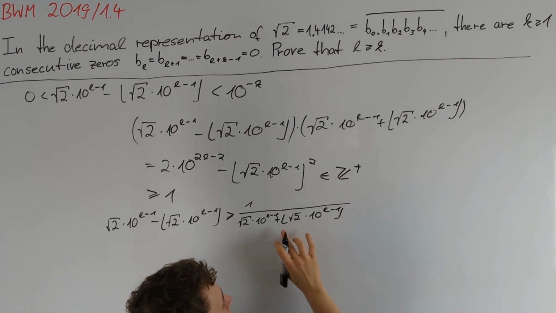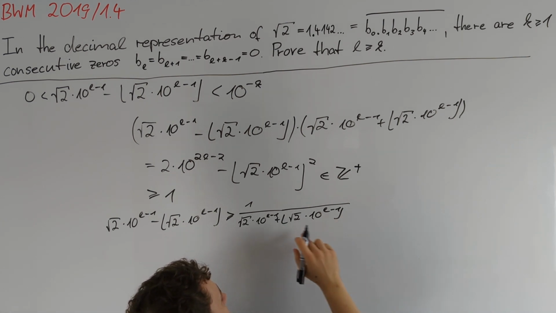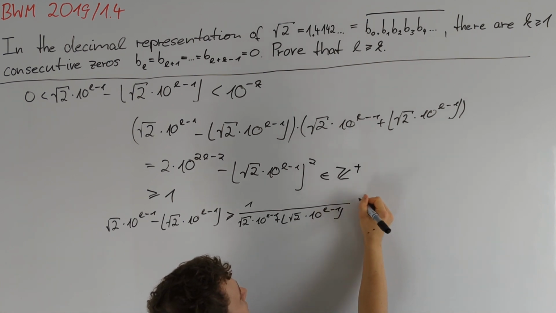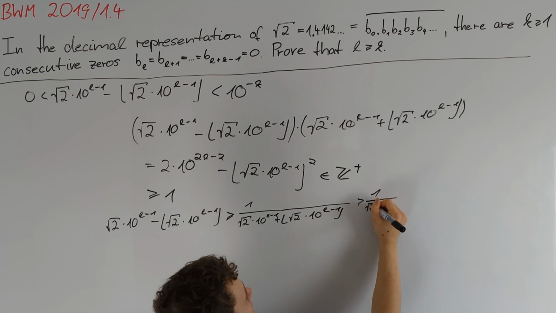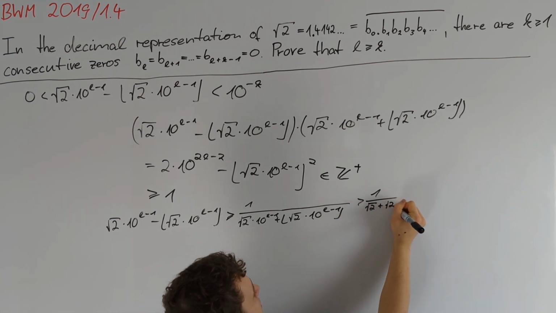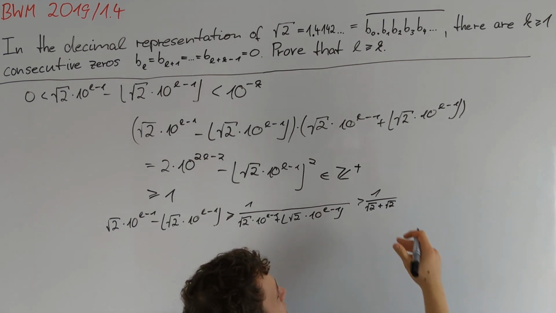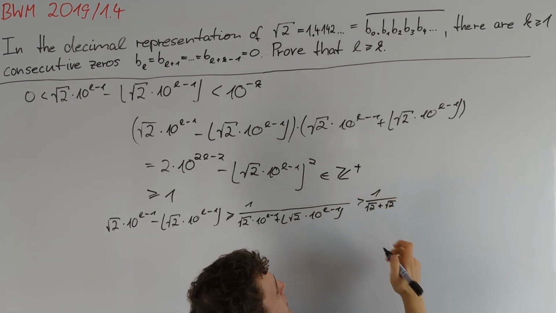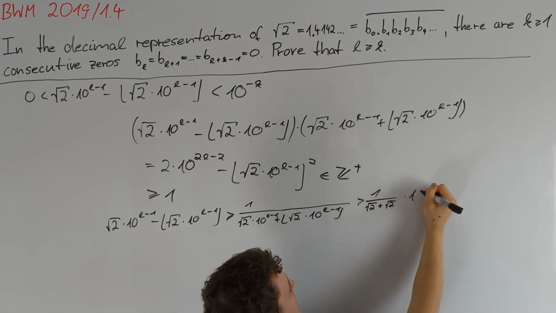Using the fact that this floor is indeed less than square root 2 times 10 to the power of L minus 1, all of this is greater than 1 divided by square root 2 plus square root 2 times 10 to the power of L minus 1, or in other words, greater than 1 divided by 2 times square root 2 times 10 to the negative L plus 1.